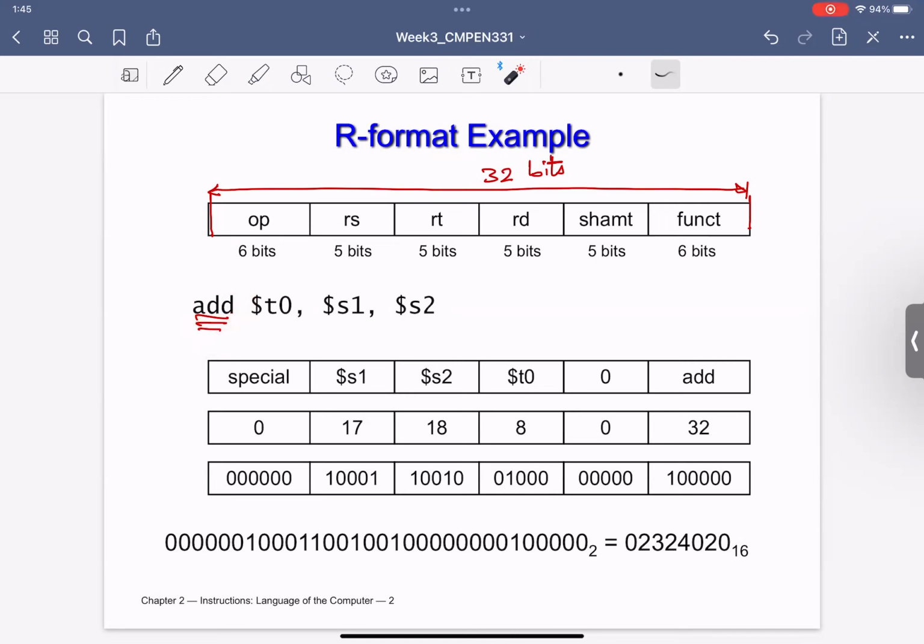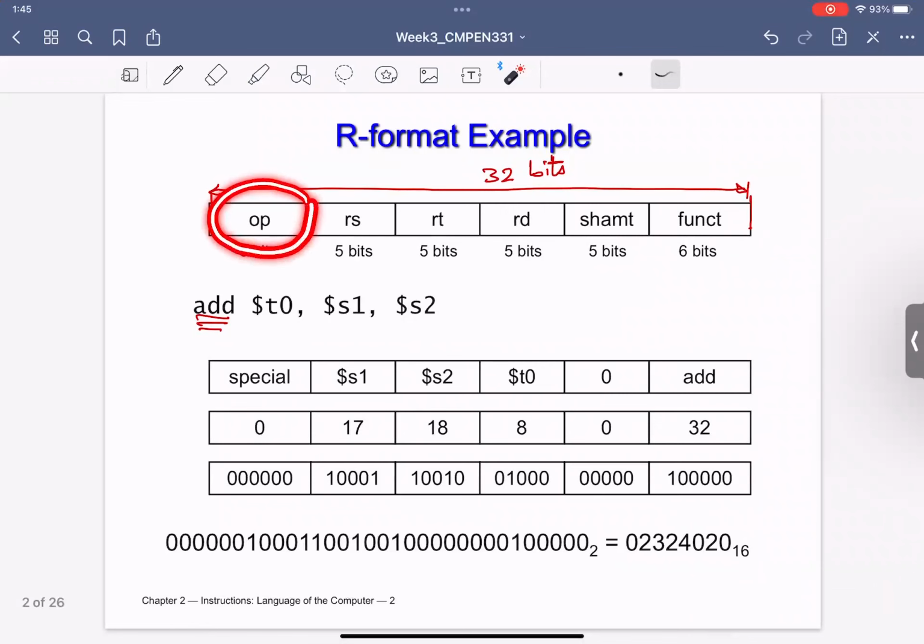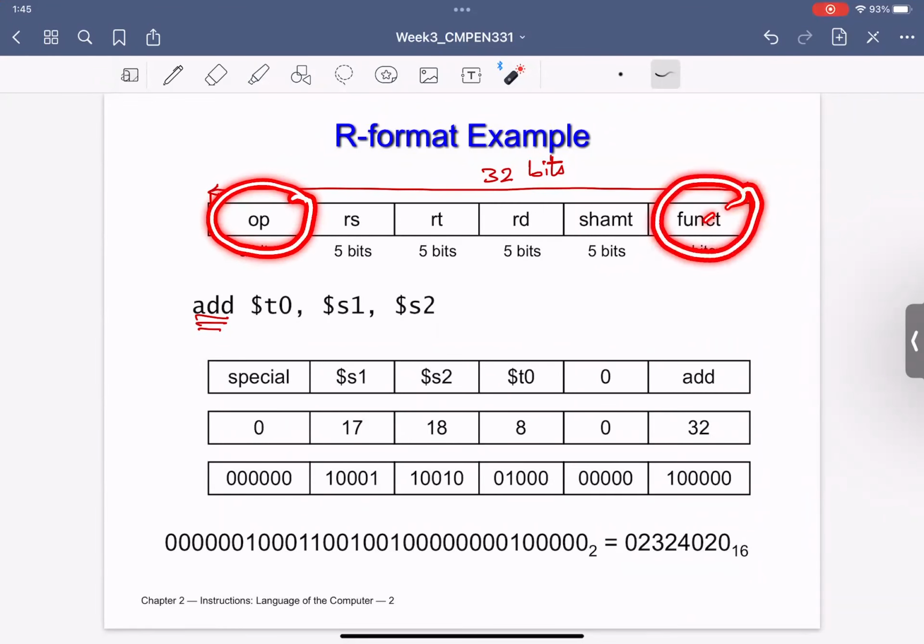So logically, I have to have some bits inside my format to indicate that I would like to do an addition, not anything else. That's why we have these two parts here to indicate that this is an add format. I have here 6 bits, and here another 6 bits, to indicate that this is an R format and this is an add.